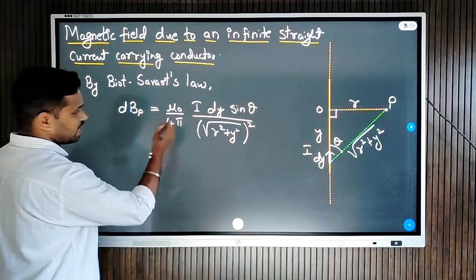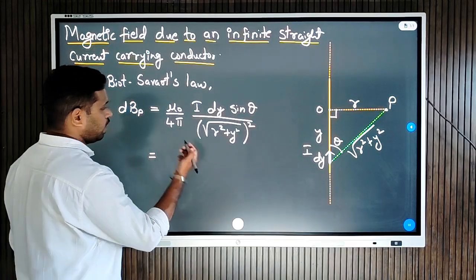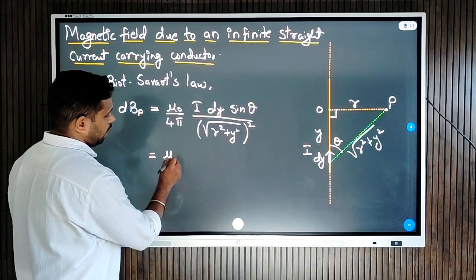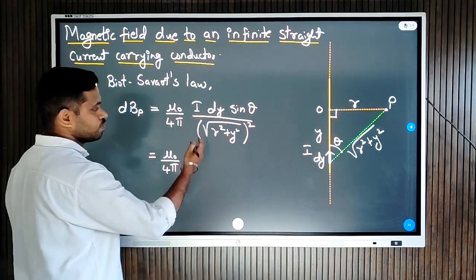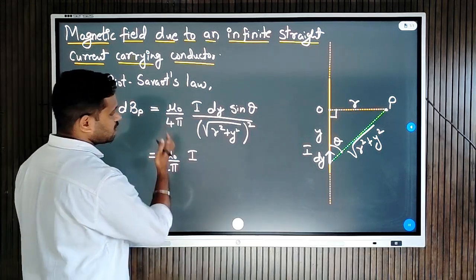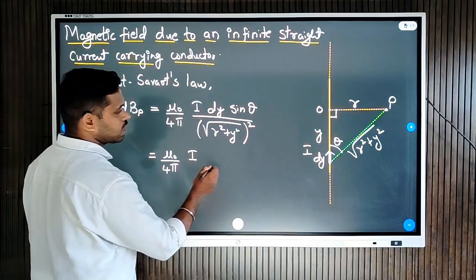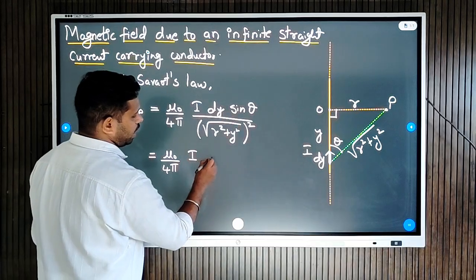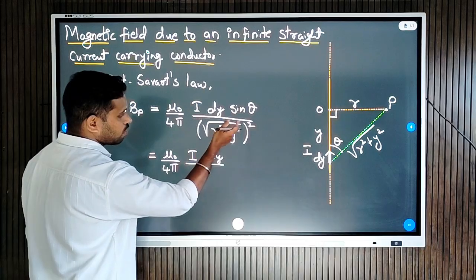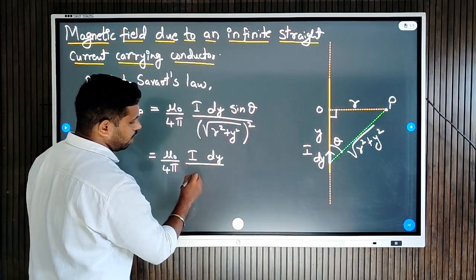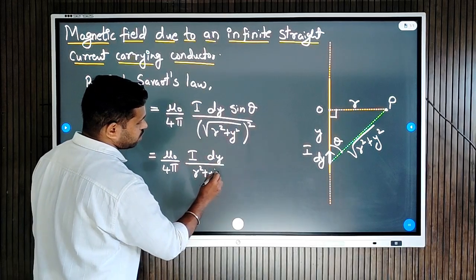Now we will evaluate this further, and the things are more of mathematics here. Mu naught upon 4 pi and current I stay as they are, with dy. The square of the square root becomes r squared plus y squared.